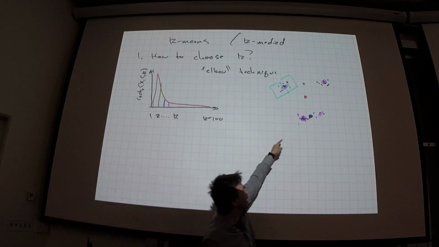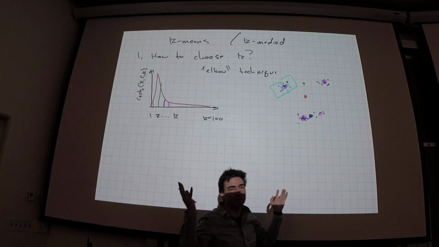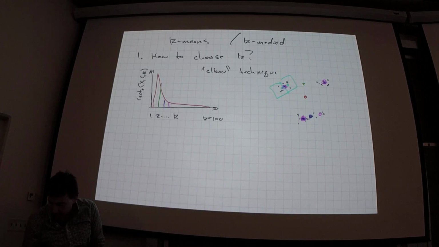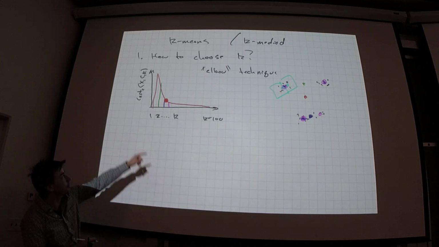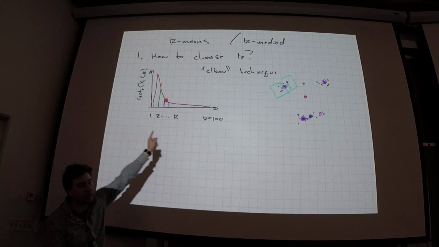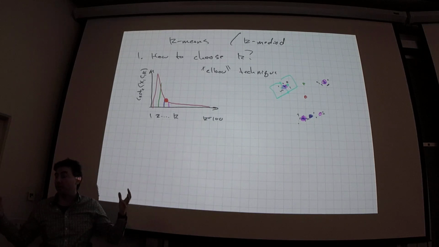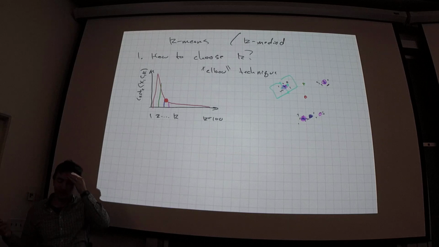With this one, maybe I split it into 2 groups, maybe it's 1 group. And so that means that the right thing is probably around here. So if I look at this plot, it's going to decrease sharply and then it's going to flatten out. And if I have cluster structure, it will kind of look like this.